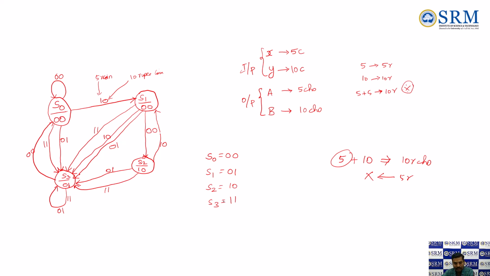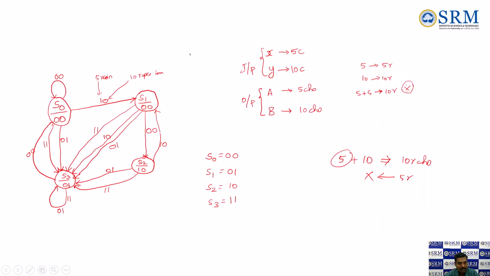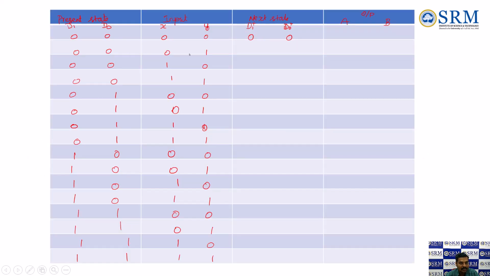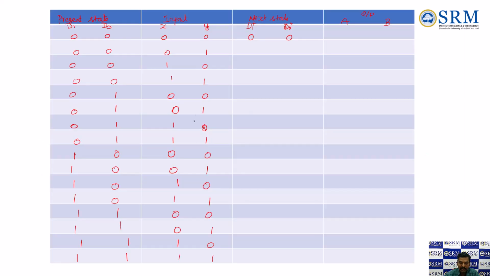From this, now we can write. This is S0, when the input is 0, 1. Going back to the diagram, this is S0, 0, 0. When my input is 0, 1, where does it go? It goes to the S3 state, which corresponds to 1, 1. Hence I'm writing the next state as 1, 1.